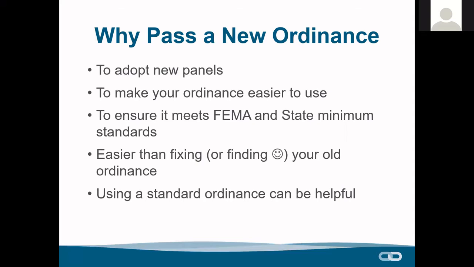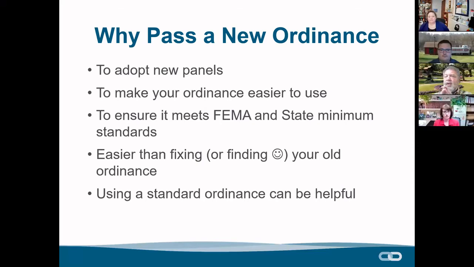And Elijah and I are working on making it even easier yet. So I think within the next year or two, we're going to have the new ordinance modified a little bit more. The new ordinance, like I pointed out before, ensures that you meet FEMA's minimum standards and the state's minimum standards. So that's kind of the goal of the whole thing, to make sure that we meet all of that.